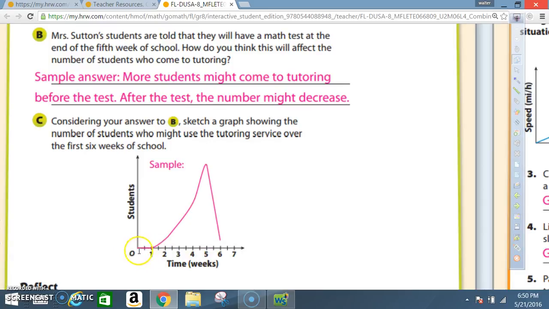At the beginning, once again, no students showed up, so that's 0. Over weeks between 1 all the way up to about week 5, it begins to increase. We can see it's increasing. Then, after that test is over, we can see a real sharp decrease. All right, so that's what it should look like.